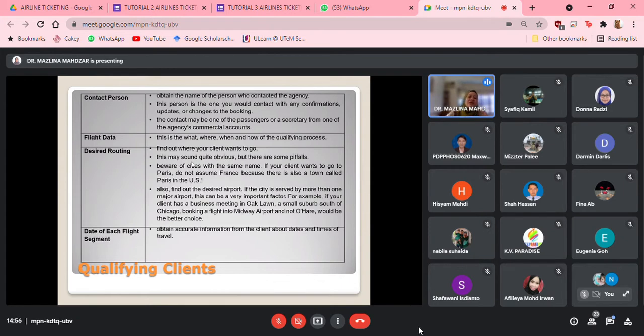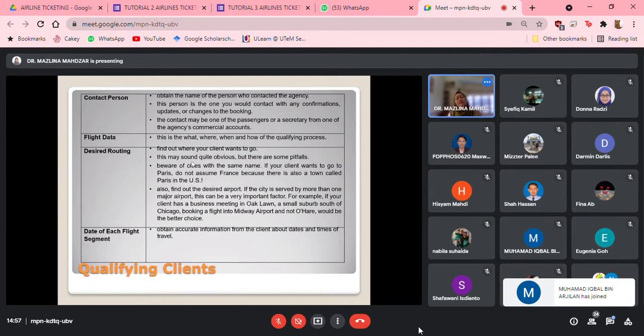Okay, so date for each flight segment, yes, you need to get. Sebab kadang-kadang kalau a simple flight mungkin dia suruh you book Kuala Lumpur, Hong Kong, back Kuala Lumpur, itu simple je kan, it's a round trip. But there are certain cases where you need to book for round trip, balik nak melalui ini, nak pergi sini, jadi you kena berhati-hati.